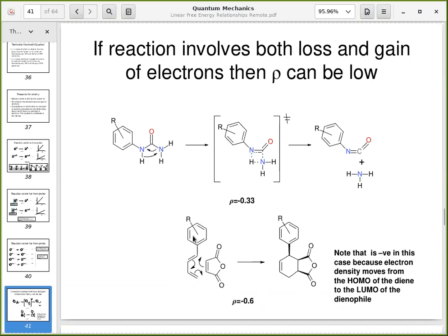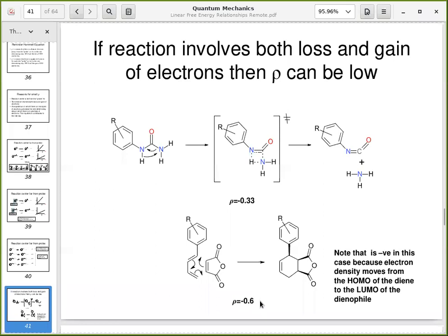So you can see if your probe is over here, electrons are moving away and towards the probe. So electron donating groups will aid this, but they will inhibit this, and electron withdrawing groups will do the opposite. So electron donating, electron withdrawing groups do not have a net effect on this reaction, and so this reaction constant is very low.